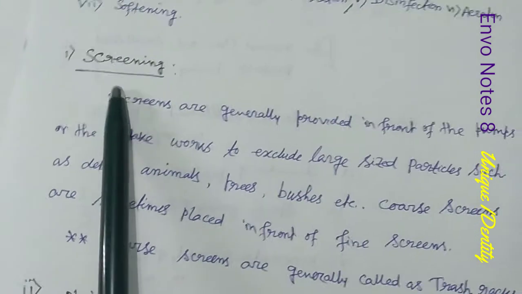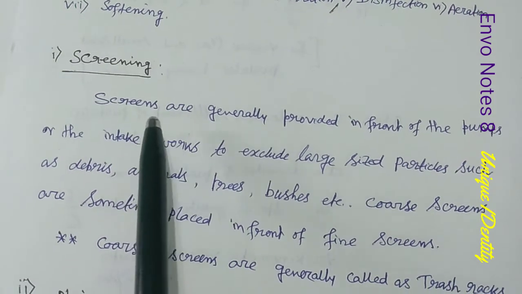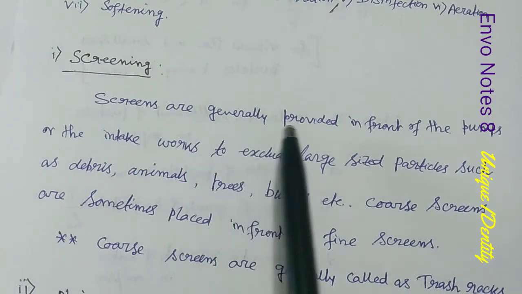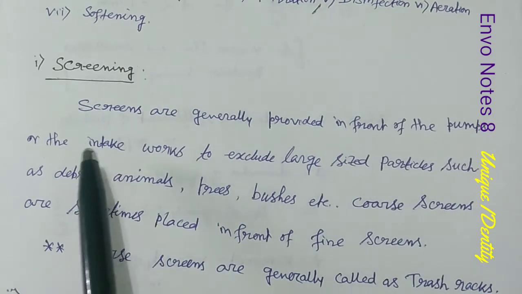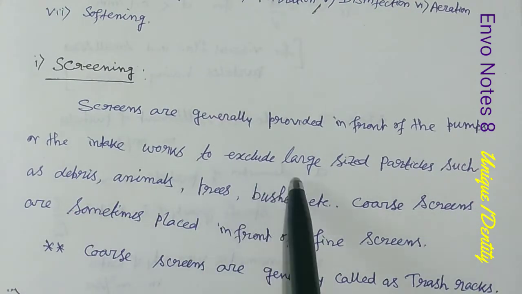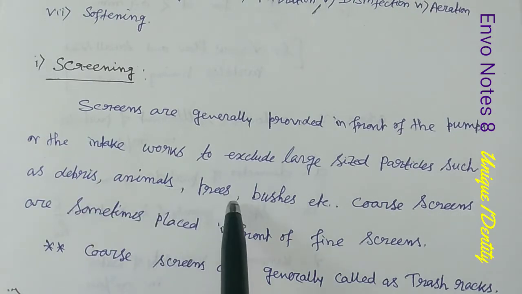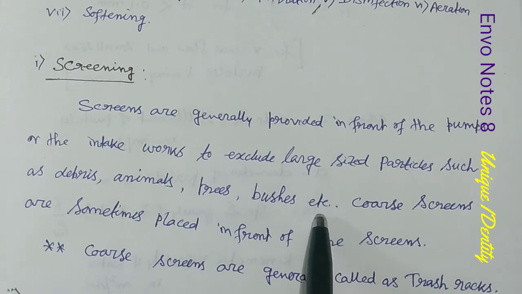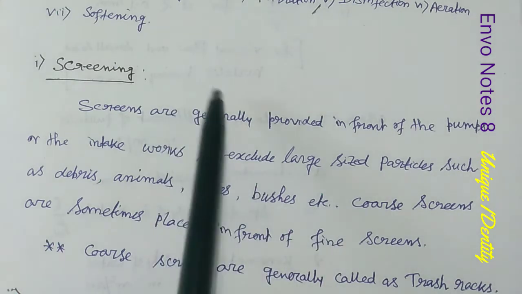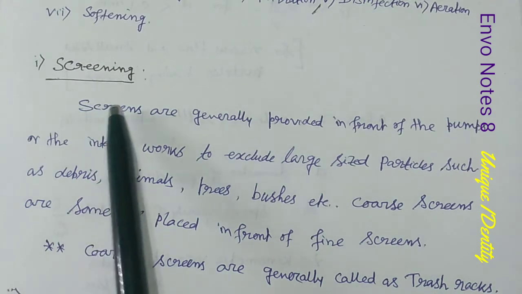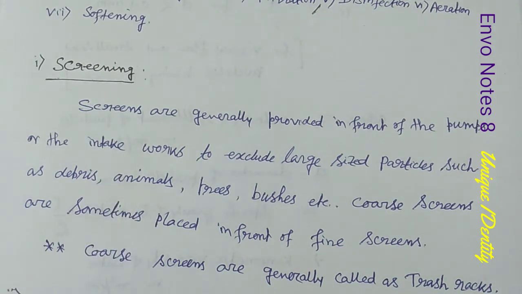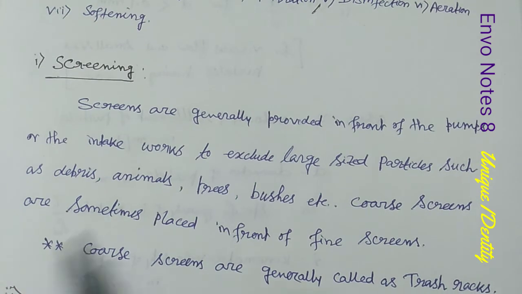Okay. So, screening. What is screening? Screens are generally provided in front of the pumps or the intake works to exclude large size particles such as debris, animals, trees, bushes, etc. Okay. So, for the purification of water, the first step is screening. Whatever is the debris, whatever the animal and whatever the trees or bushes that are lying on water and that are flowing in water, that should be screened first. You all know.